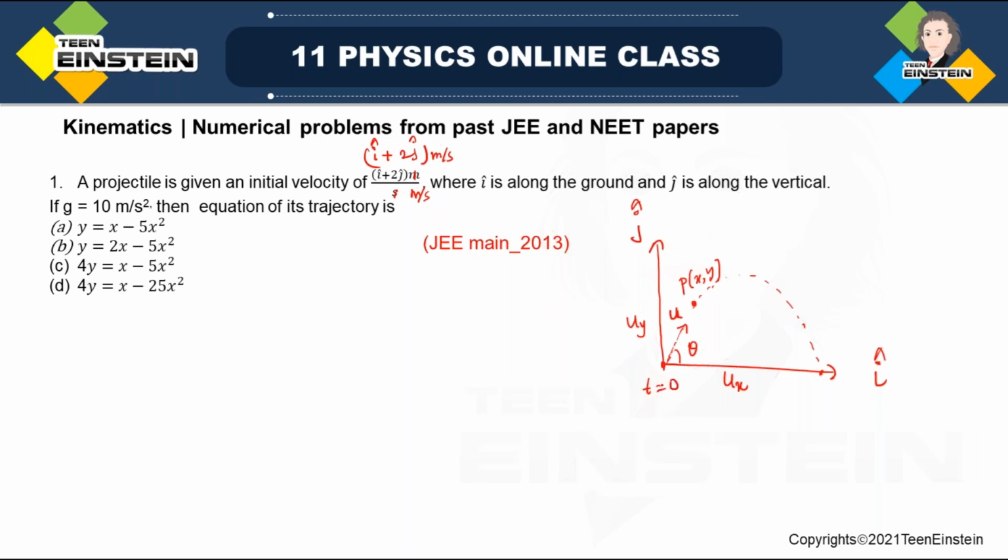Initially at t equal to 0, the projectile was at the origin, and after some time t, suppose the projectile is here at (x, y). Trajectory means you have to find out a relation between x and y. We don't know what the relation between x and y is, so that will give you the trajectory.